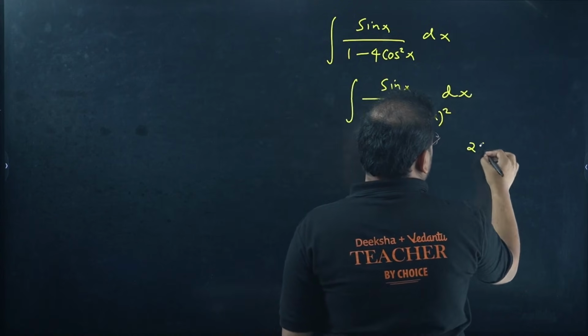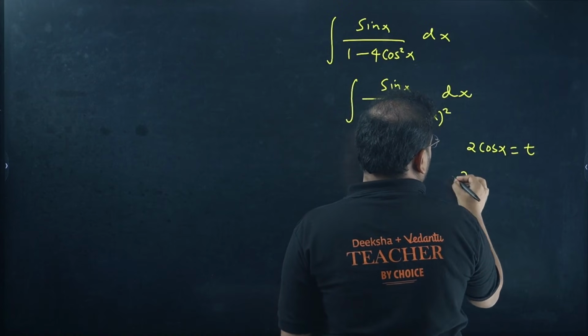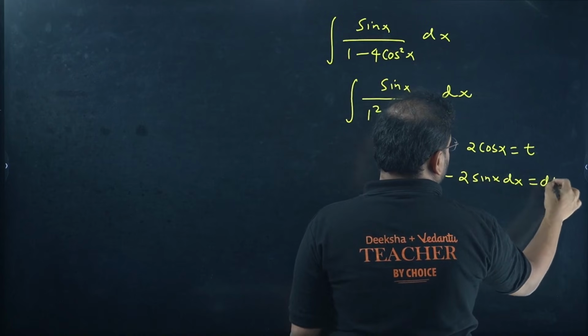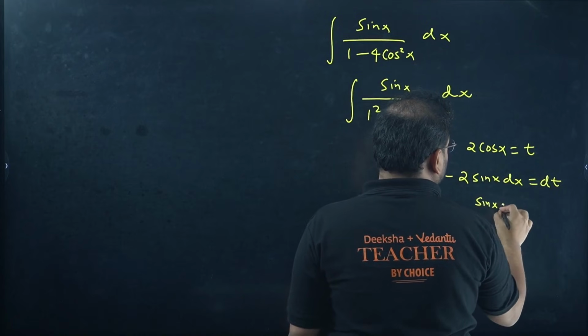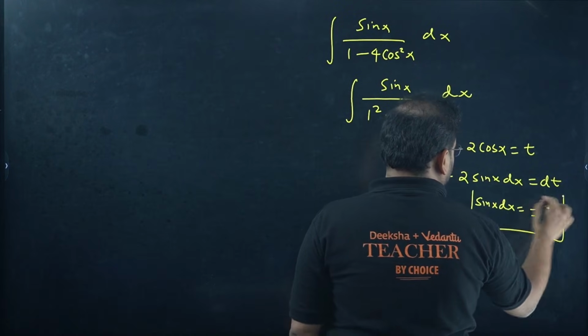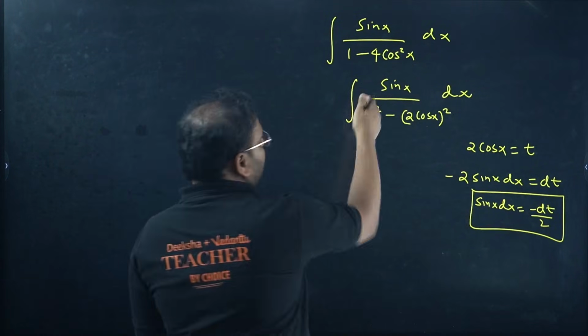Now take this 2 cos x as t, you get the answer as minus 2 sin x dx as dt. It means sin x dx as minus dt by 2. Okay, you have the result now.